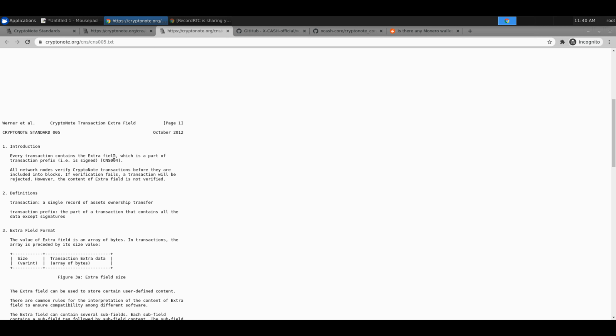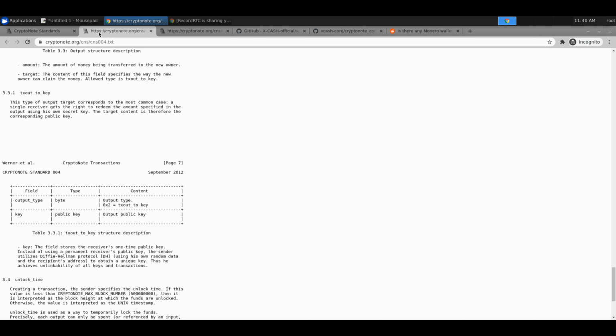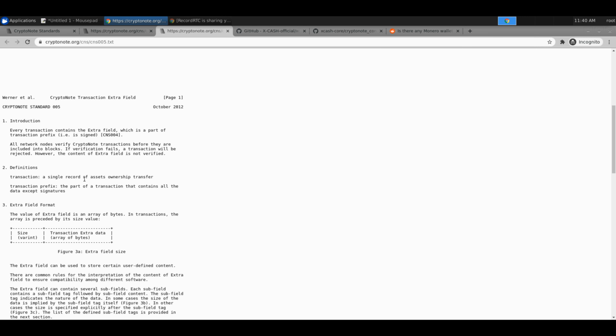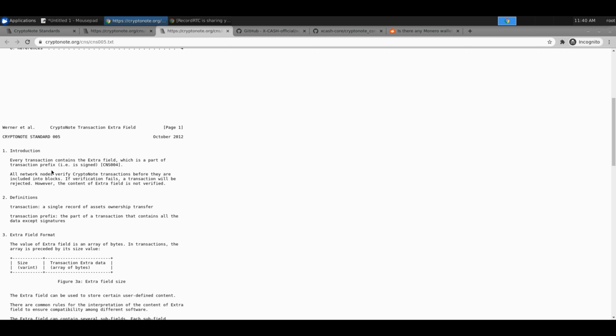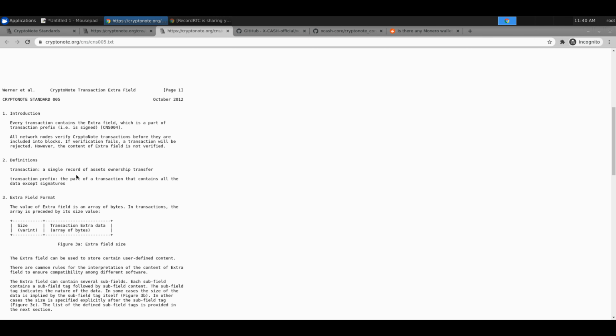And why I think this is interesting is because this is how we built the public transactions, right? Because we're storing data. Obviously, we're not going to go into how it's hashed and any of that right now, but we need a place to store the data. So the transaction extra is basically where you can put extra data.